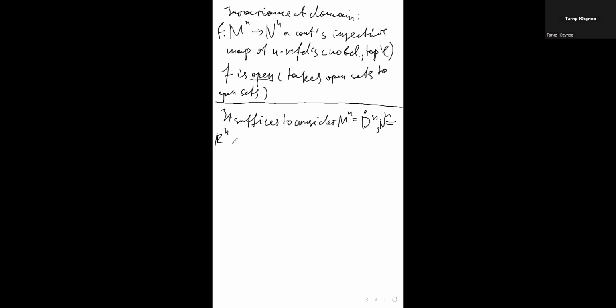The open ball is homeomorphic to Rn, so I will just write Rn everywhere.